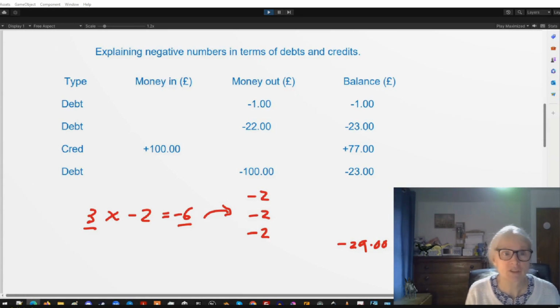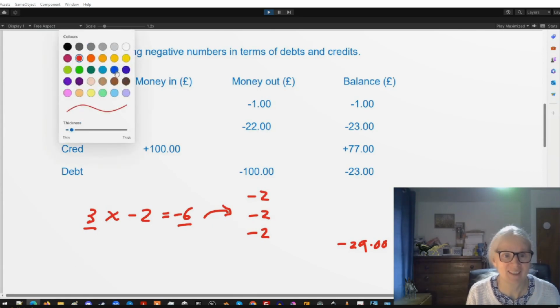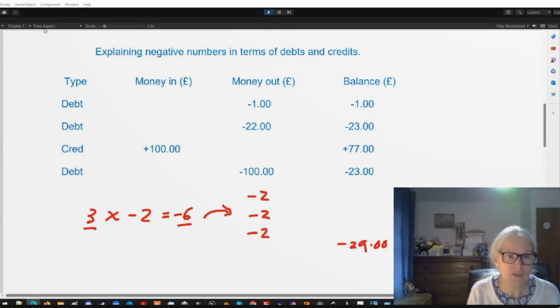Now imagine you've got a nice auntie, and your nice auntie comes along and she's going to take away that debt of -2 that happened 3 times. She wants to take away that debt.